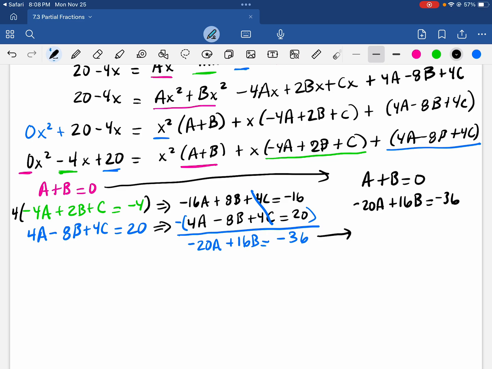So now you could either solve one of the equations for a or b, or you could do elimination and get the same coefficient in front of either a or b. I think that might be the option that I'm going to go for. I'm going to shoot for getting the same coefficient in front of my a's, which would be a 20. So I'm going to multiply that top equation by 20.